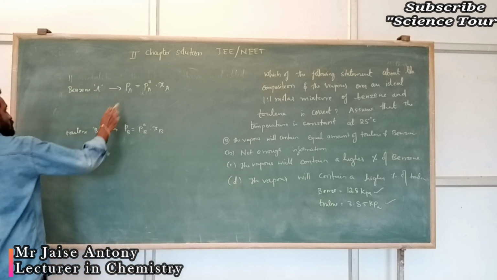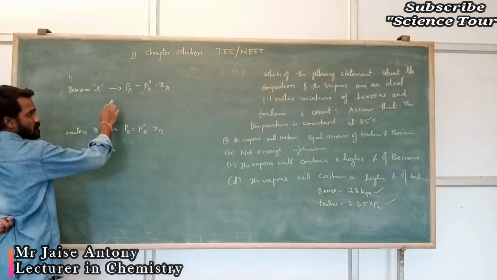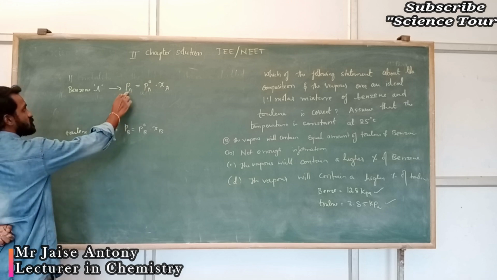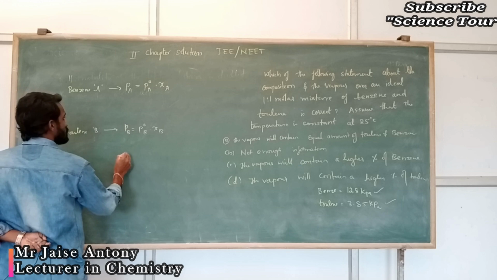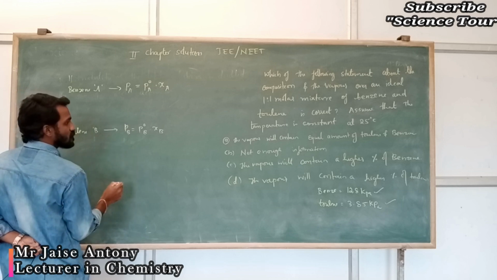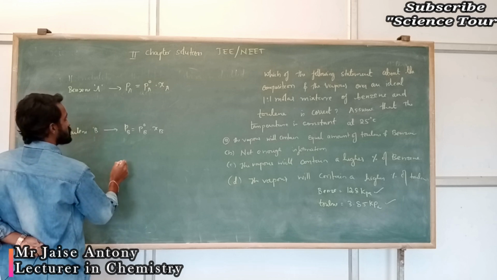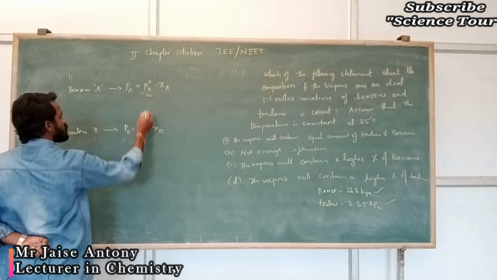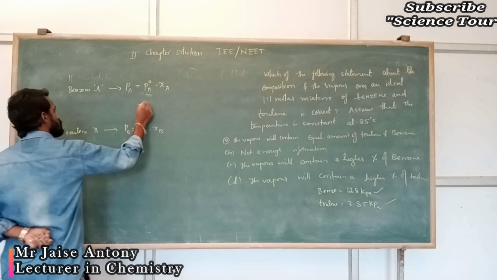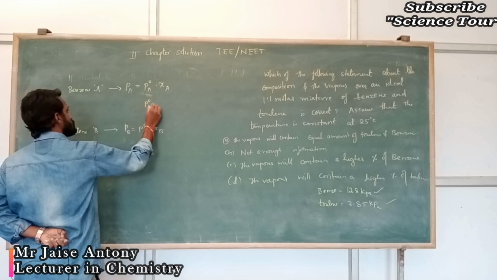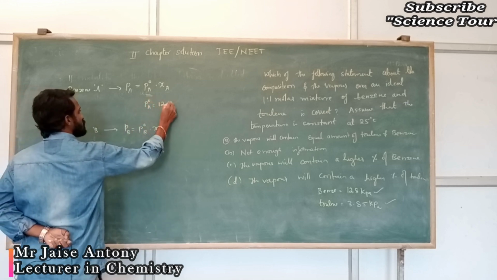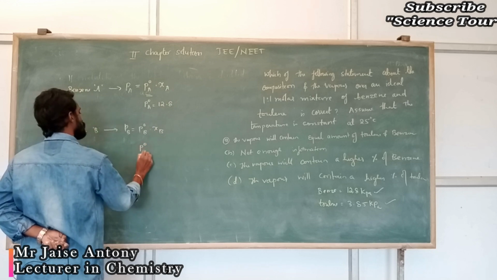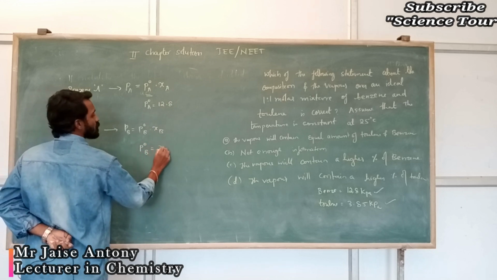Now, benzene vapor pressure is given as how much? 12.8, understood? Pure benzene has a vapor pressure of 12.8, which I will write here. P naught A is equal to 12.8 and P naught B is equal to 3.85.